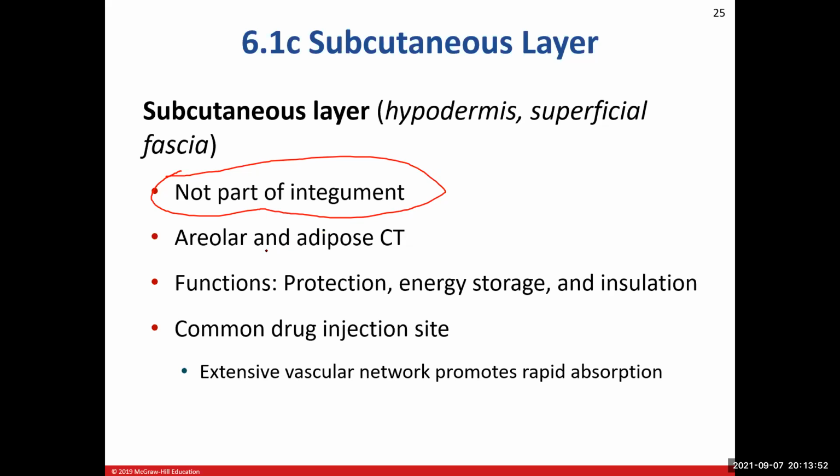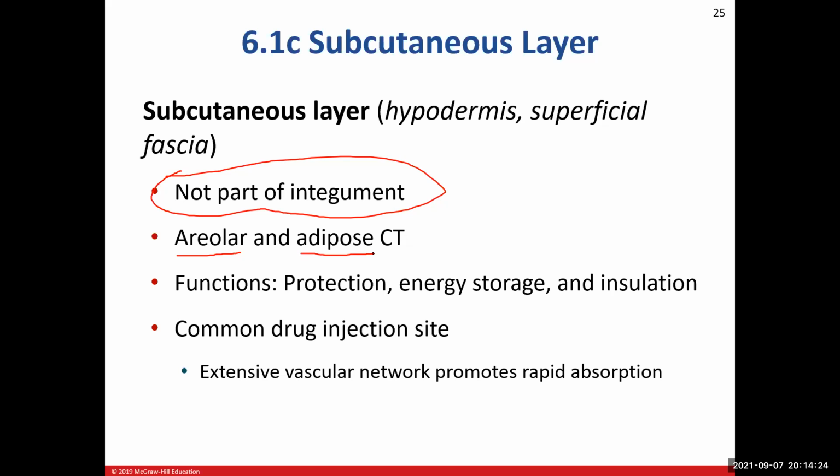The two types of connective tissue present in the subcutaneous layer are areolar, again that loose connective tissue, and another type of loose connective tissue, adipose tissue. Because this layer has those two connective tissues, but primarily because it has adipose tissue, it protects, provides storage for energy and insulation, and even possibly cushioning.